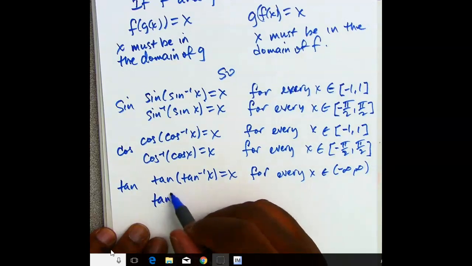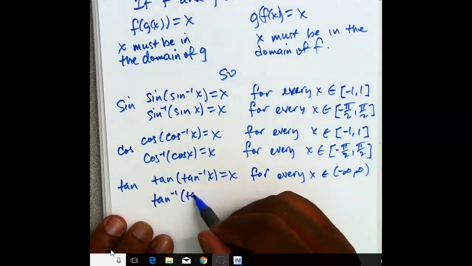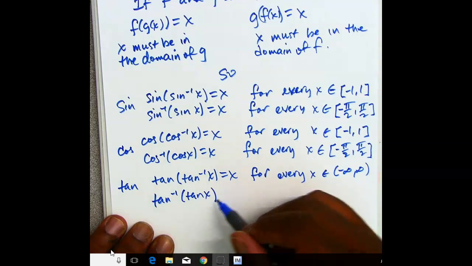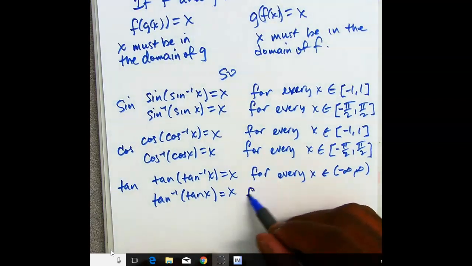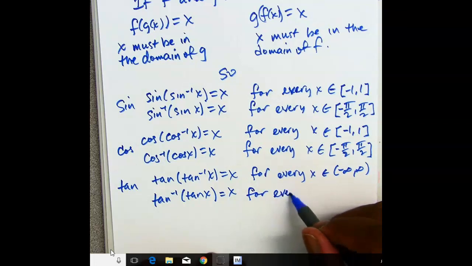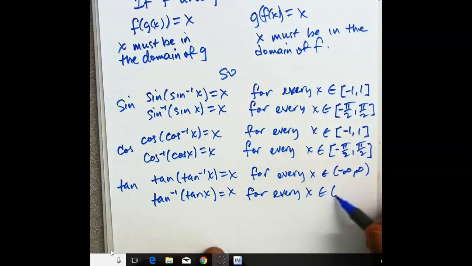But the inverse tan of the tangent of x is equal to x. So remember, we restricted our domain for tangent of x between -pi/2 and pi/2, non-inclusive of the pi/2 because those are asymptotes.